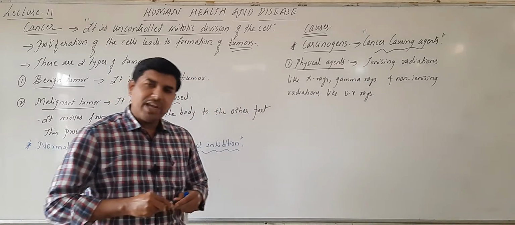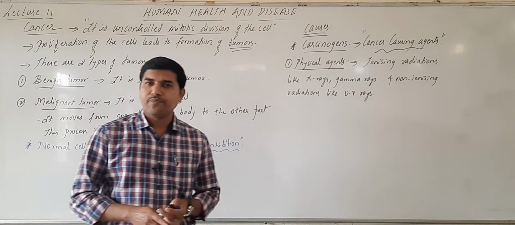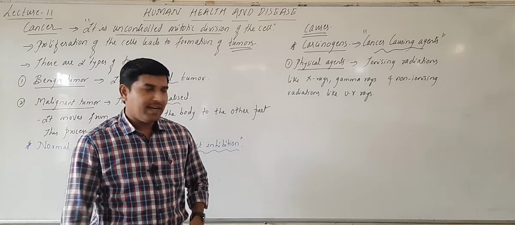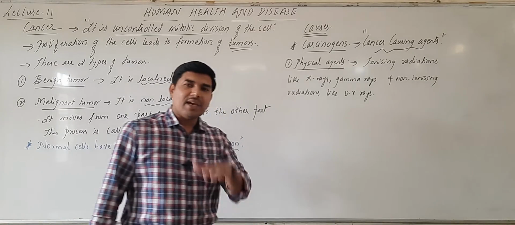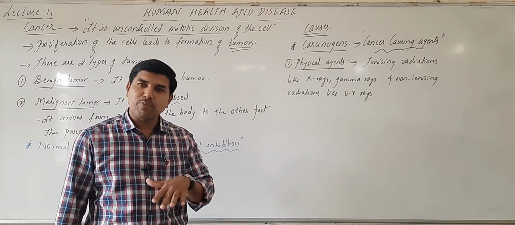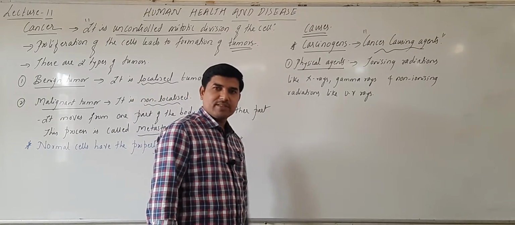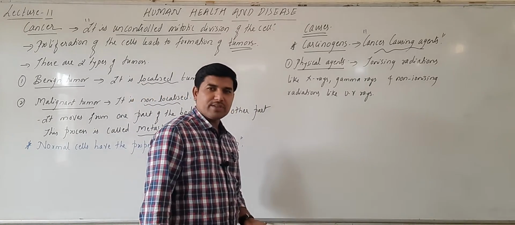Ionizing means they have enough energy to break the bonds in the DNA, and non-ionizing radiations have less energy to break the bond, but still they break the bond and it leads to mutations also.